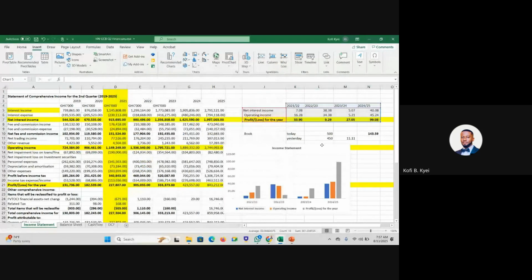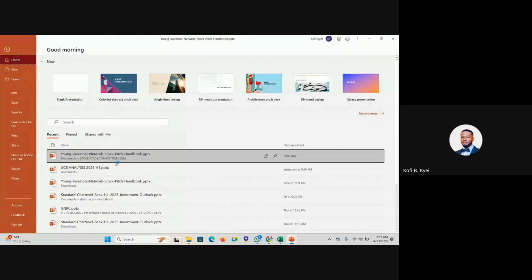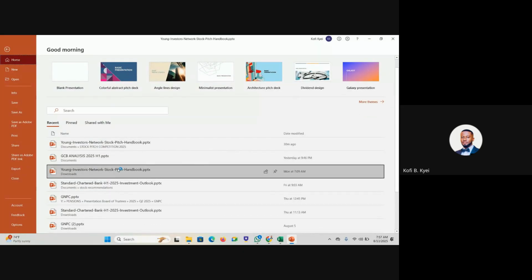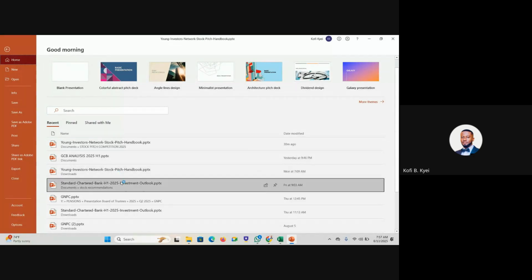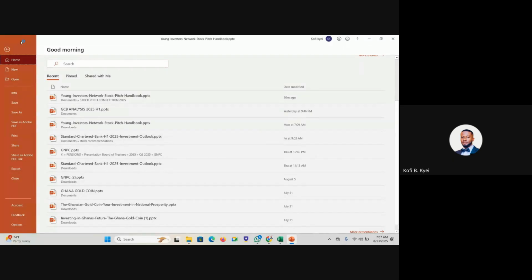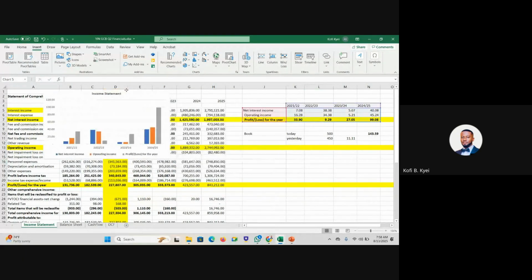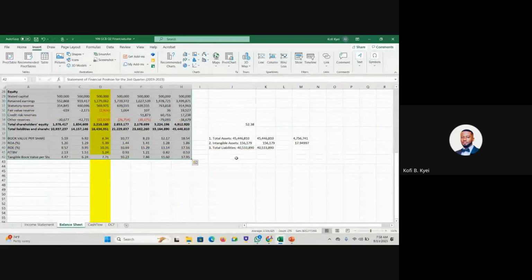Once you click on OK, this chart comes out, which you can paste in your analysis and use. So you use the same approach for all the other sheets.